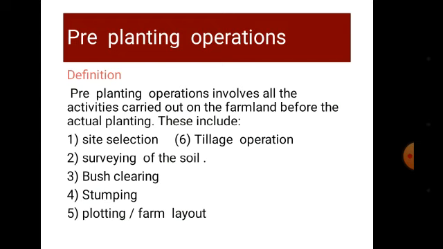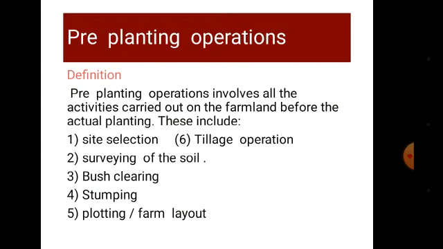This will help you to divide the farm into subdivisions or plots and parts, which will now help you in planting your crops, especially if it's a mixed farming system that you are using.